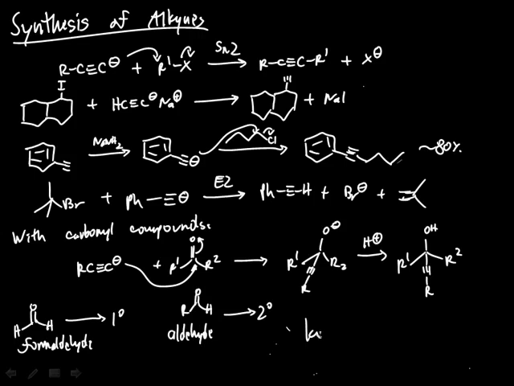And then starting with ketones, where both of our groups are R's, we'll get tertiary alcohols. So just simply by varying the nature of our starting material, we can get all sorts of alcohols, which expands our synthetic arsenal greatly.